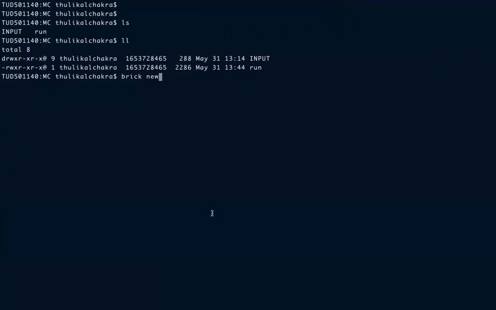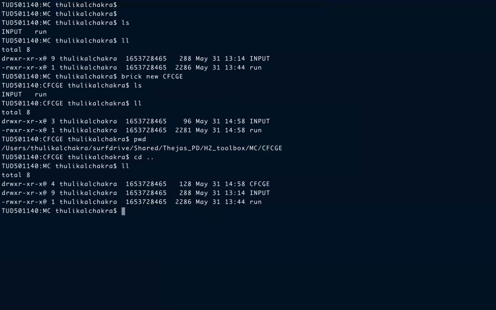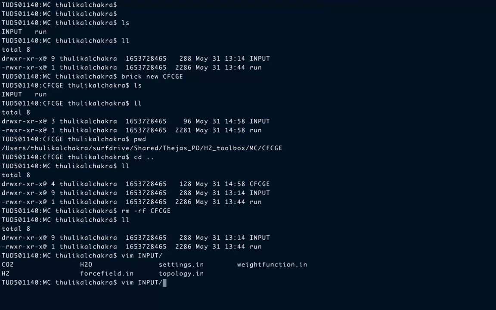It then creates a new directory. Or you can even say CFCGE, and then you're inside the folder CFCGE. But I have already created an input folder for you corresponding to the H2, CO2, water mixture.